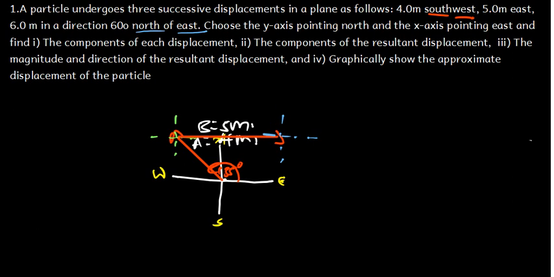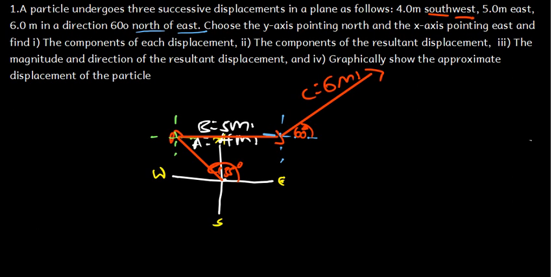This is supposed to be a bit longer than vectors A and B. That is going to be my vector C, which is 6 meters. From this point, I can say that this angle is going to be 60 degrees. This is the representation of sketching.